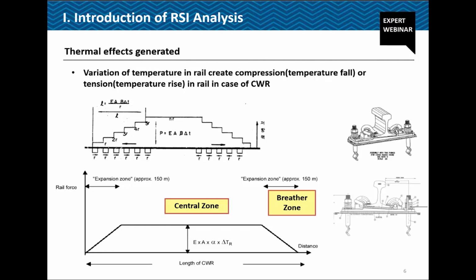For example, if temperature goes up and the rail tries to expand, but this displacement is fixed by the fastener, then in the middle portion, from end to end of the CWR, we will experience some compression. In the opposite manner, if temperature goes down, then we will have a huge tension in the rail.